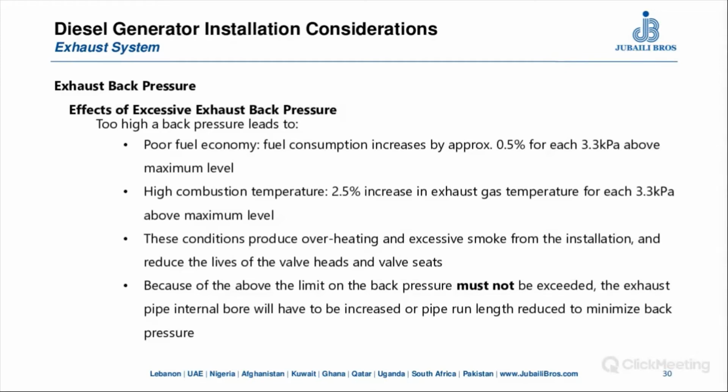High combustion temperature, so that's 2.5% increase in exhaust gas temperature for each 3.3 kPa above maximum level. These conditions produce overheating and excessive smoke from the installation, and these can reduce the lives of the valve heads and the valve seats. Because of the above, the limit on the back pressure must not be exceeded. The exhaust pipe internal bore will have to be increased or pipe run length reduced to minimize back pressure.